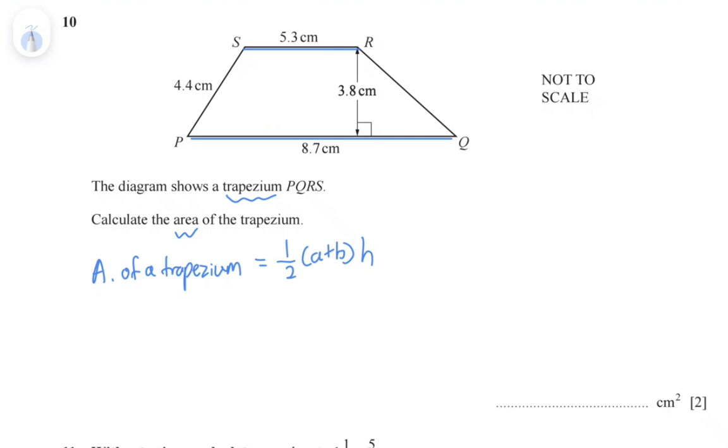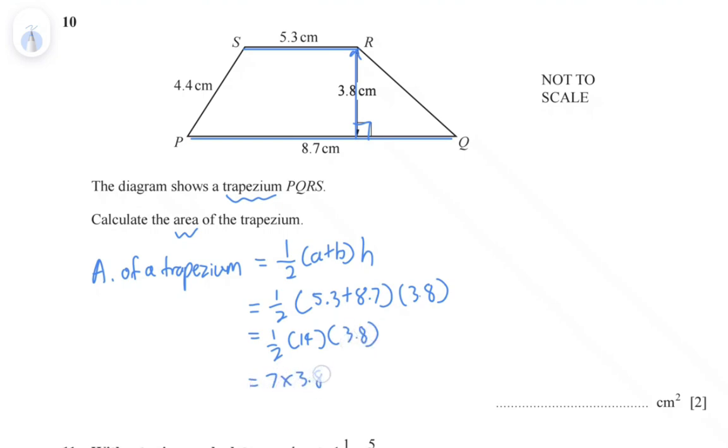So, substituting with 3.8 as the height, perpendicular to the parallel lines, we have half times 5.3 plus 8.7 times 3.8, which is equal to half times 14 times 3.8, equal to 7 times 3.8, which gives us the final value of 26.6 centimetres squared.